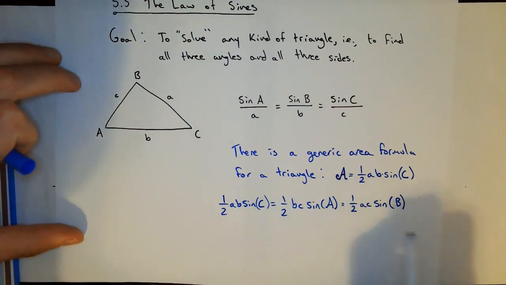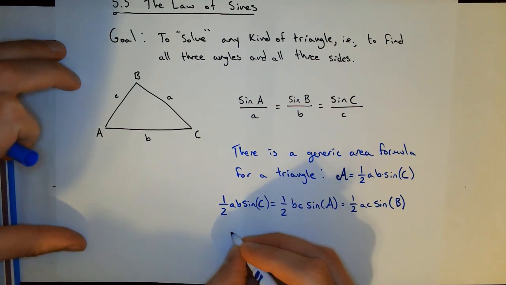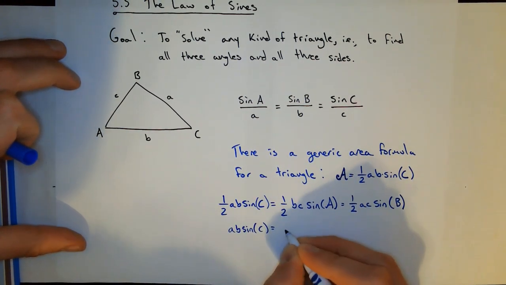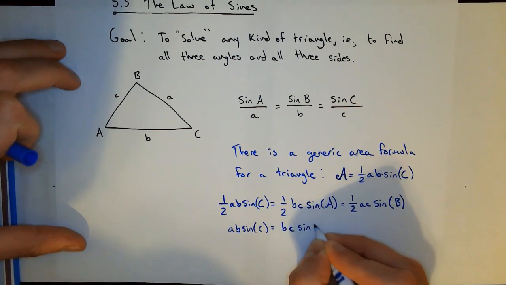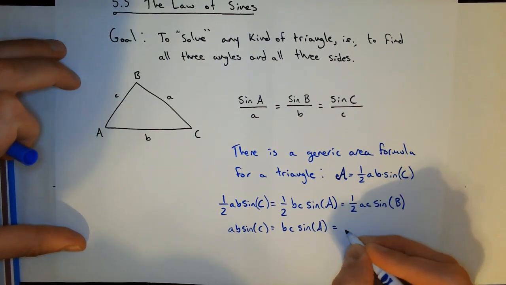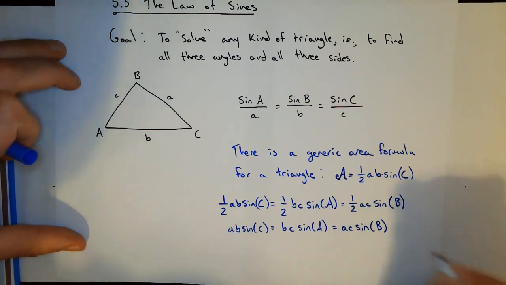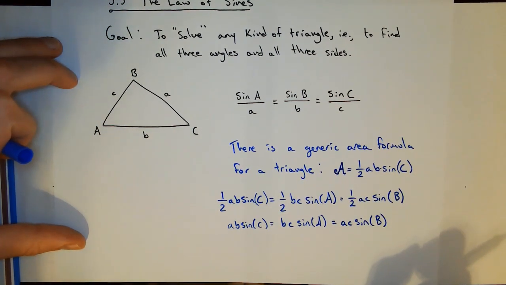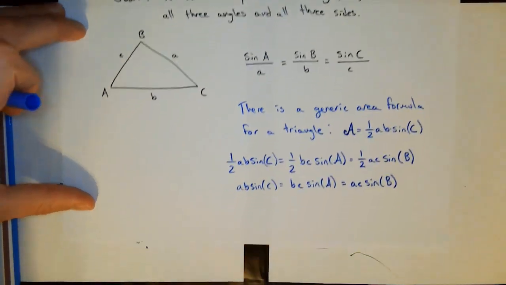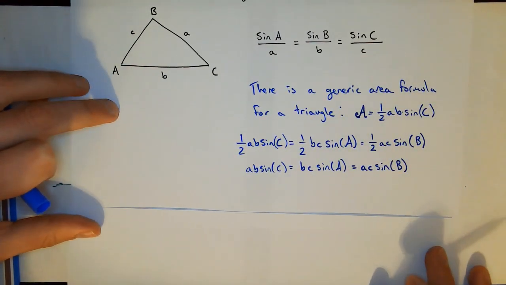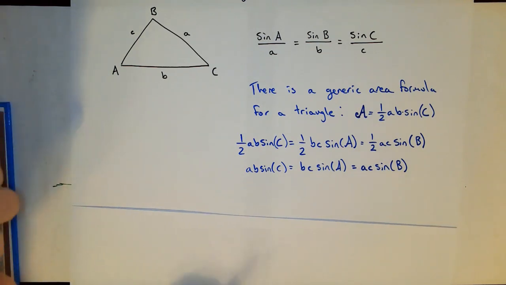Now, I can divide all of the 1/2s off. What am I doing right now? I'm deriving the law of sines formula because it's very nice and clean. A very nice clean derivation that also shows you this generic area formula. And now what should I do?